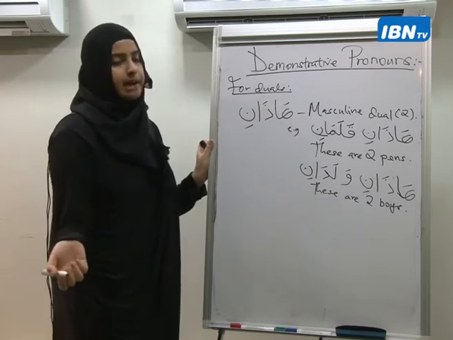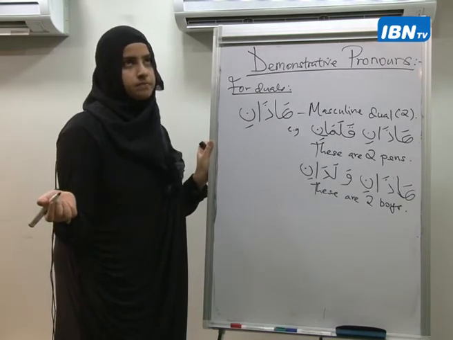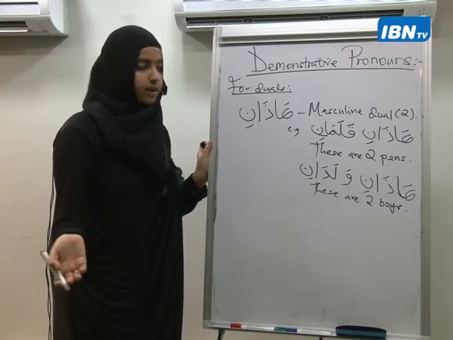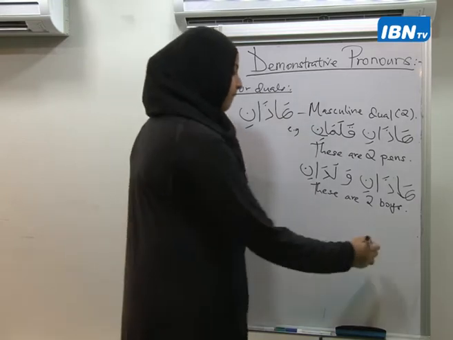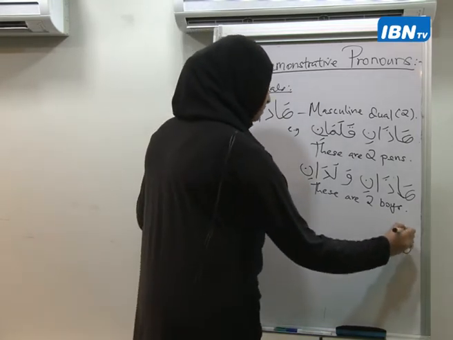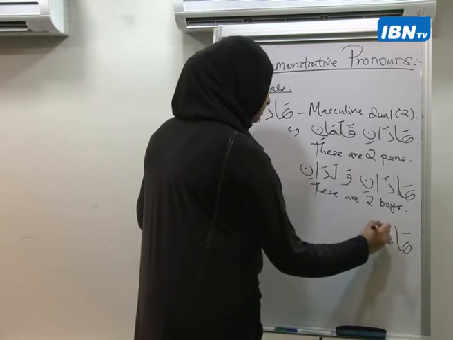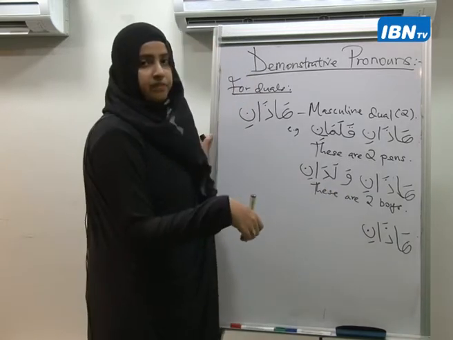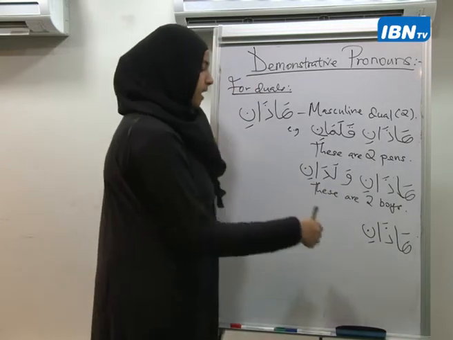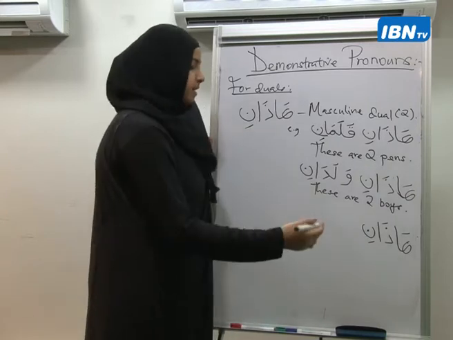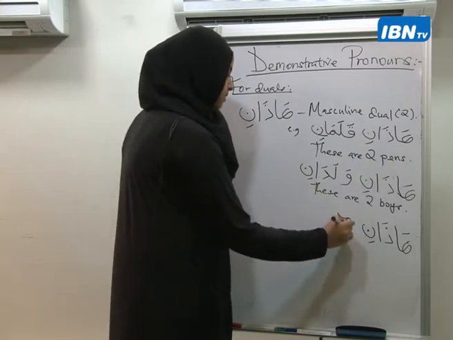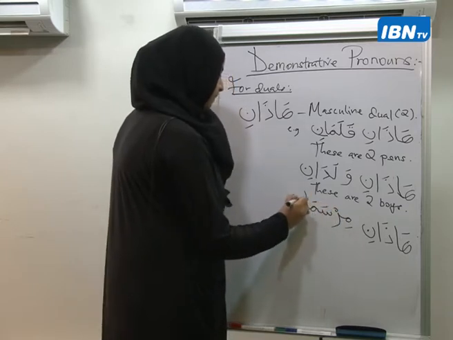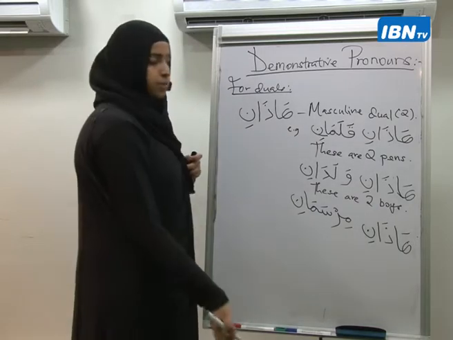Okay, another example, if I want to say these are 2 pencils, I will say hadhani. Pencil is mirsamun. If you convert it into dual, adding an alif and a nun, mirsamun becomes mirsamani, which means these are 2 pencils.